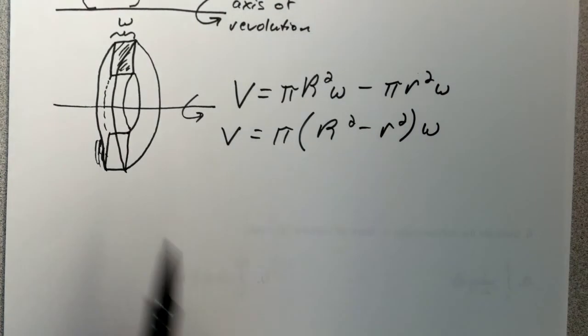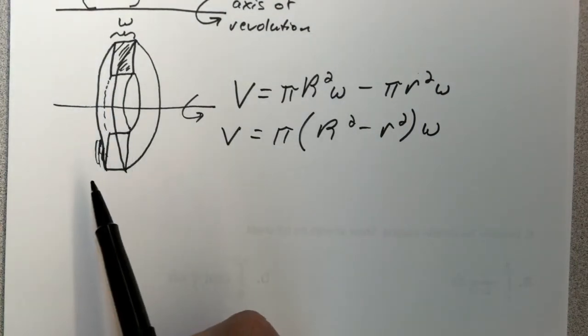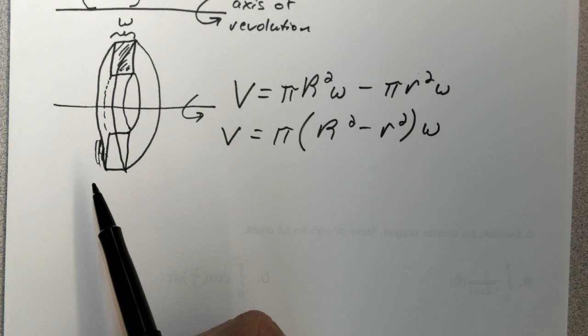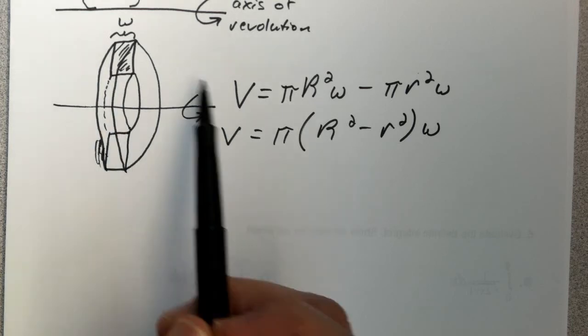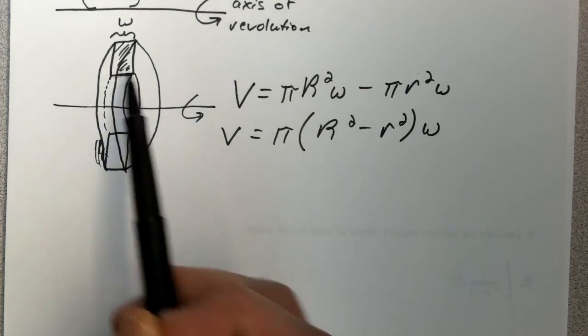Now the width or the thickness of that rectangle is going to become the dx, right? If we're going around a horizontal axis of revolution, then the thickness of that rectangle will be dx.